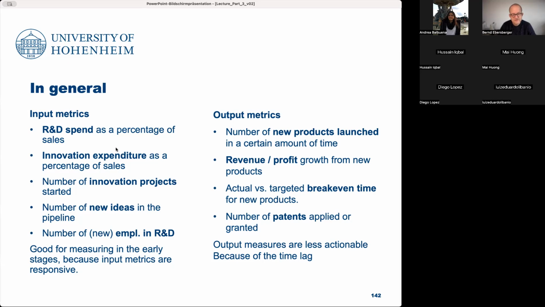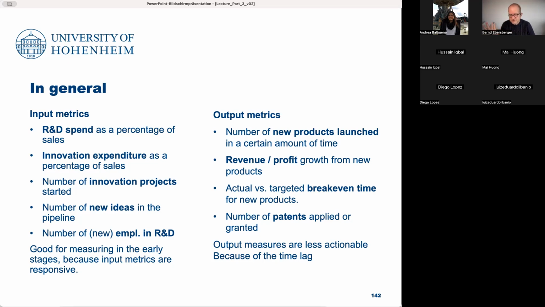Of course, what we have here up here, R&D spend, innovation expenditure, projects, new ideas, these are level measures. So we measure the level of R&D, the level of innovation expenditure, the level of innovation projects, etc.